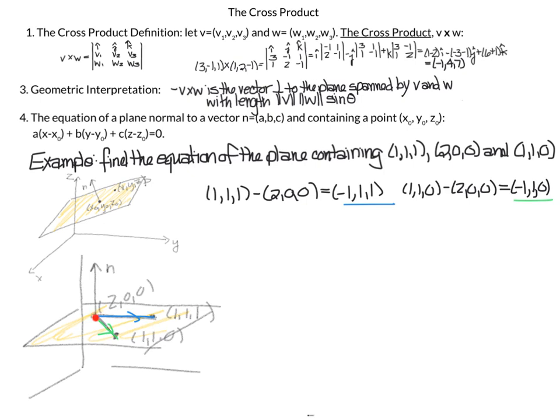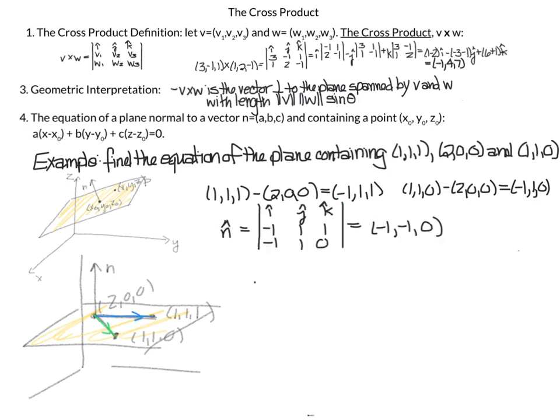So this vector starts at 2, 0, 0. This vector also starts at 2, 0, 0. They need to start relative at the same kind of endpoint or origin. Because of that, it would be wrong to do the 1, 1, 0 minus 2, 0, 0, which is this vector here in blue, but I also dotted it in red, and then choose 1, 1, 1 minus 1, 1, 0, because this would start from 1, 1, 0 and go here. So they'd end up at the same point, which wouldn't give you correct results. And again, the idea is you need to start at the same point. You need to have the same point of origin.